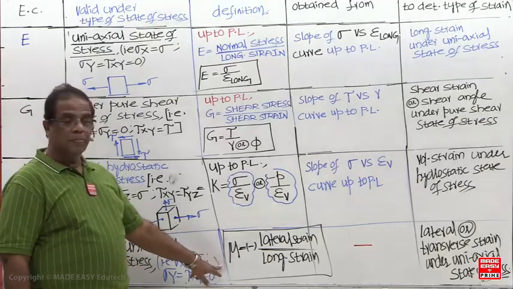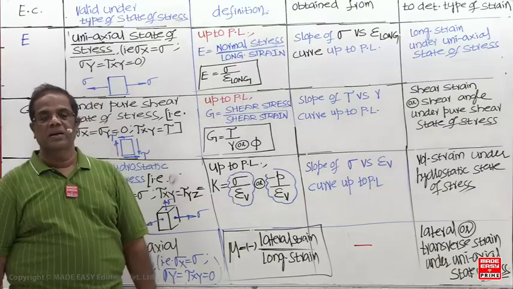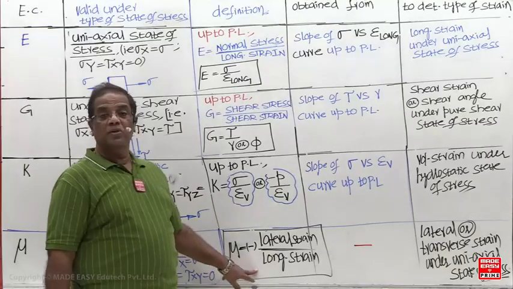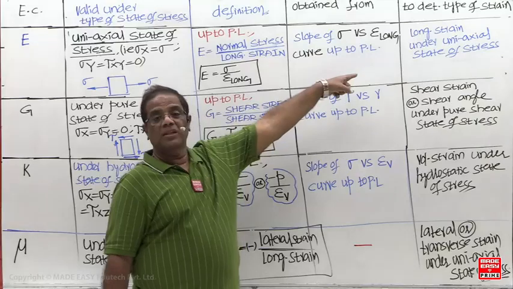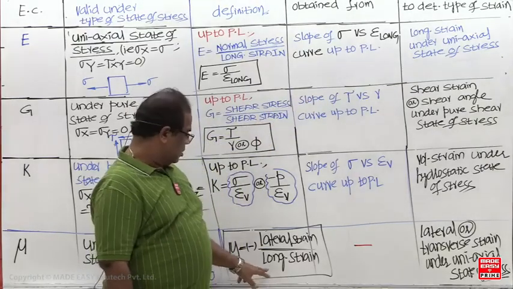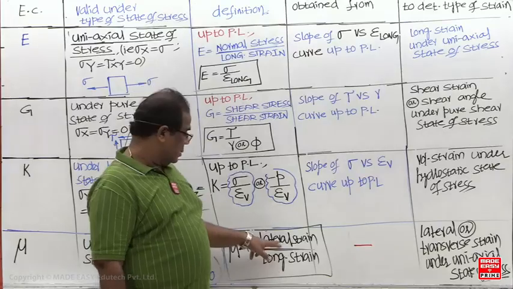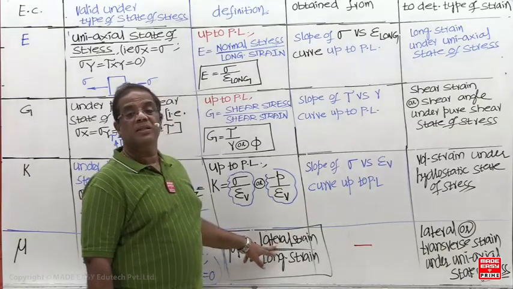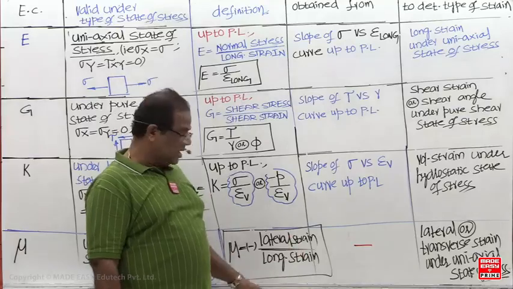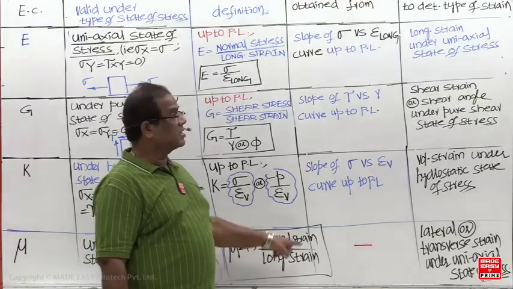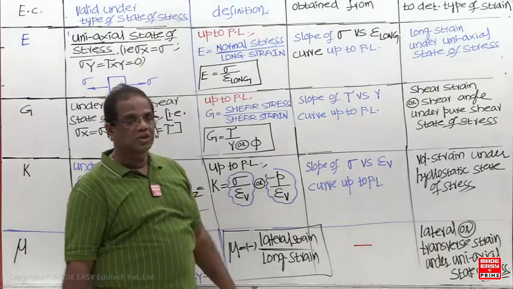So to determine the Poisson's ratio, how many strains are required? Both lateral and longitudinal strain. The longitudinal strain is obtained by using Young's modulus, as you have just written. Once you know Young's modulus, the longitudinal strain is known. Then the lateral strain is determined by the strain gauges. Then you can get the Poisson's ratio.